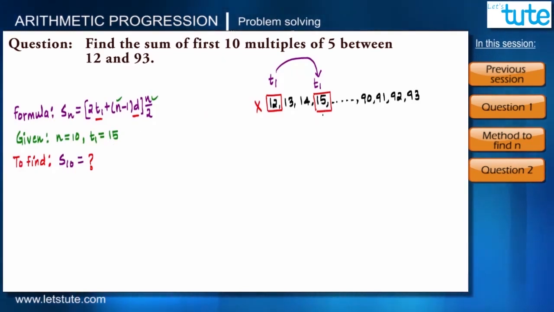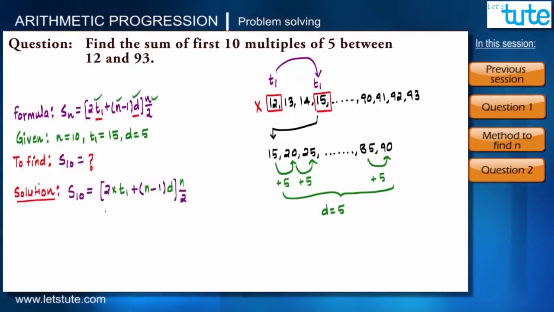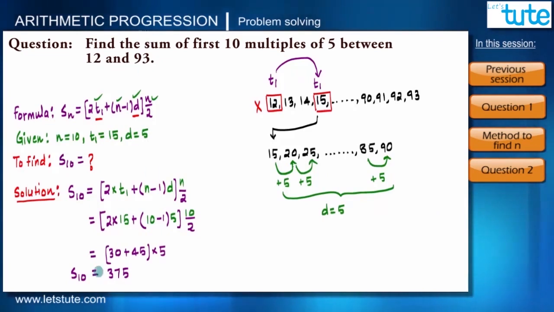The common difference will be 5, because the multiples of 5 between 12 and 93 will be something like 15, 20, 25 to 85 and 90, right? So the difference will be 5 only. So we got D equals 5. So put all the values and the total sum becomes S10 equals 375. That means the sum of the first 10 multiples of 5 between 12 and 93 is 375.